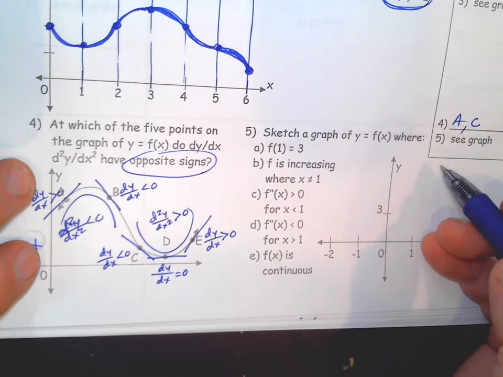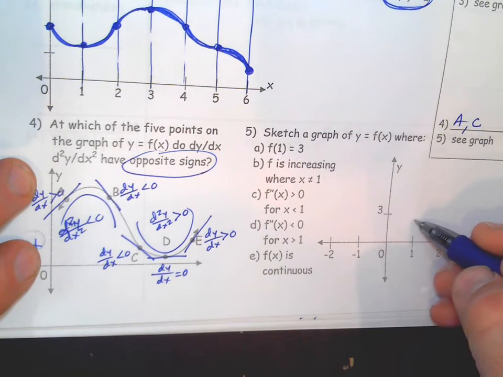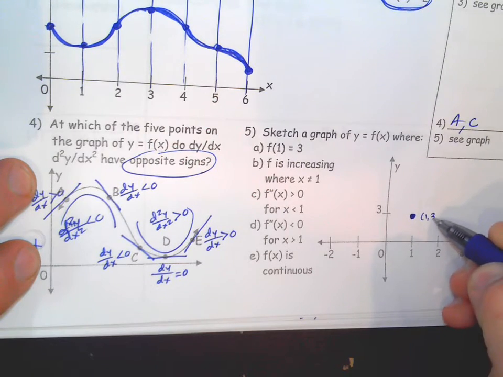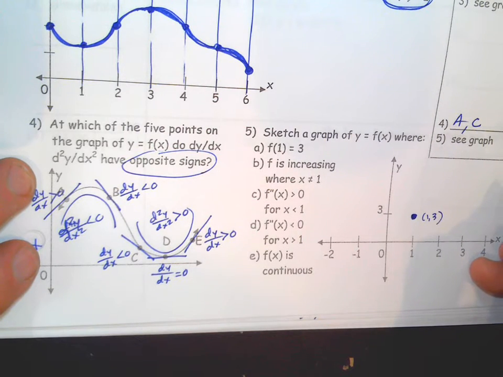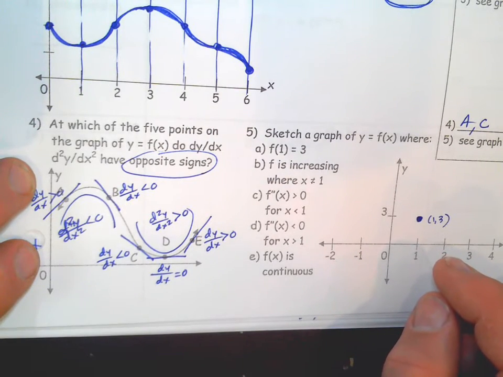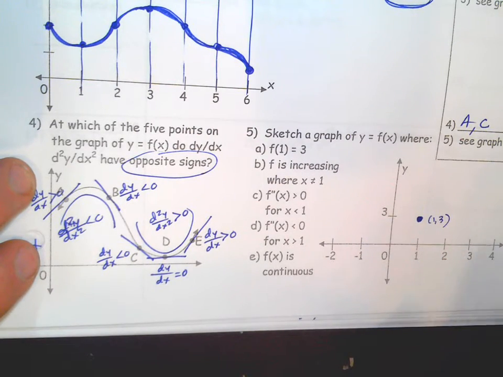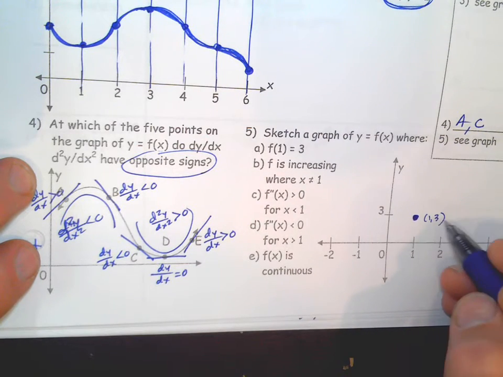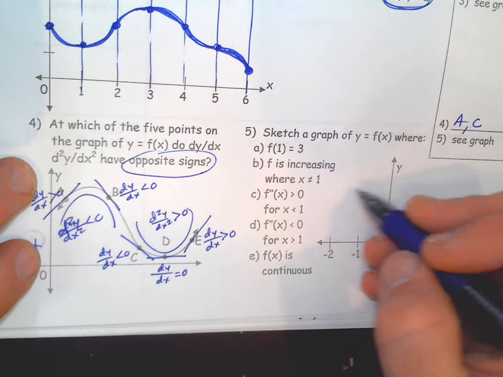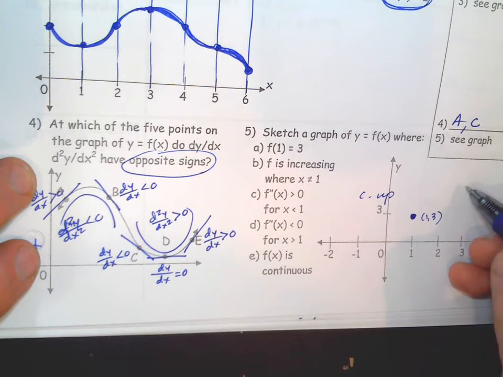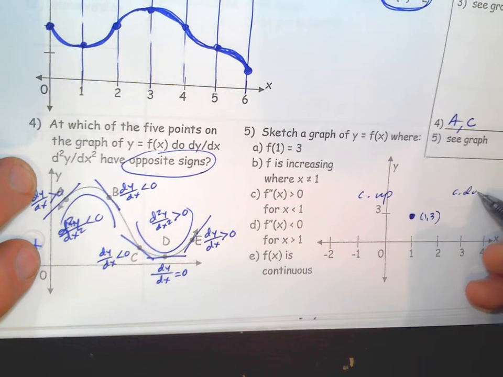So I would try and put as many things on here. So f of 1 equals 3 tells you for sure that point's on the graph, right? And it says f is increasing everywhere except for x equals 1. Okay, so it's positive slopes everywhere except for x equals 1. The second derivative is positive for x less than 1. So it's concave up over here and concave down over here.